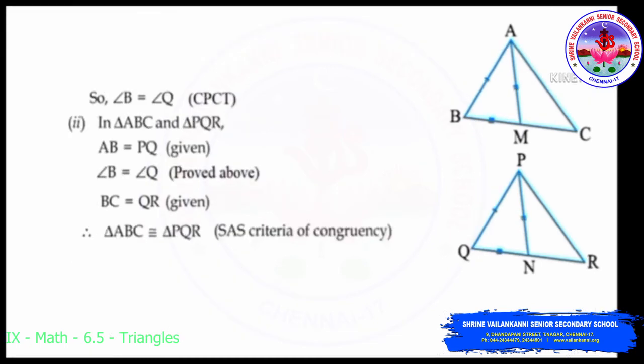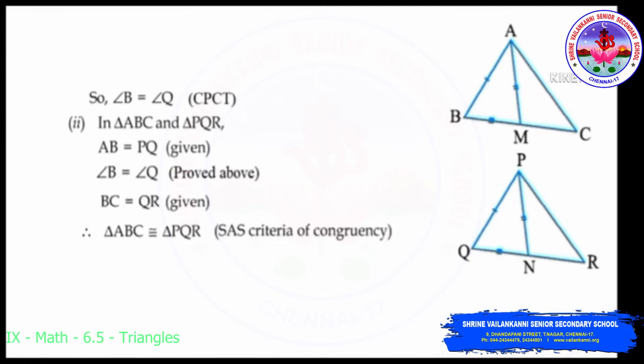Now in the second subdivision, we want to prove triangle ABC is congruent to triangle PQR. So now coming to triangle ABC and triangle PQR, already we know that AB is equal to PQ.